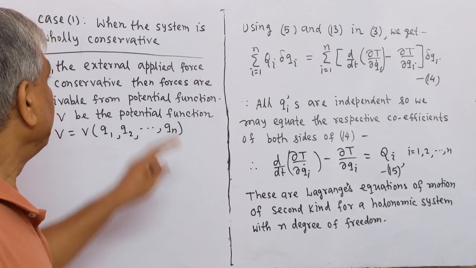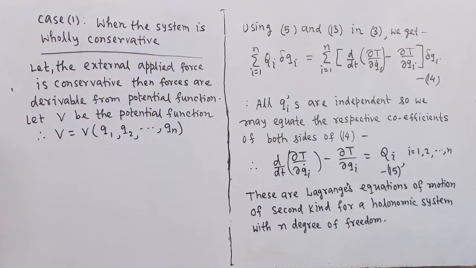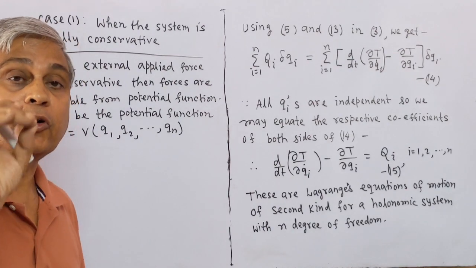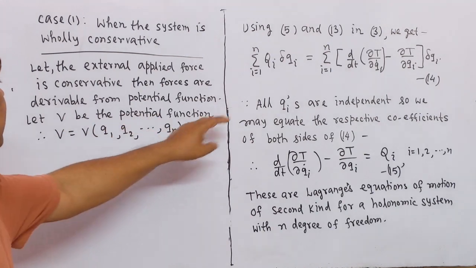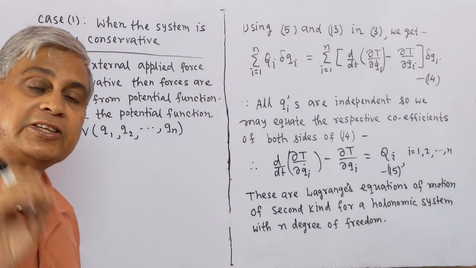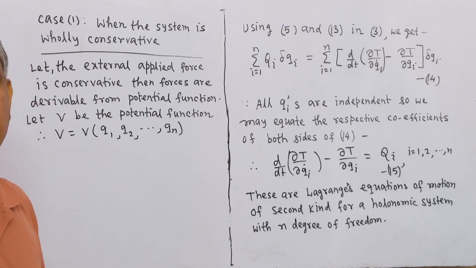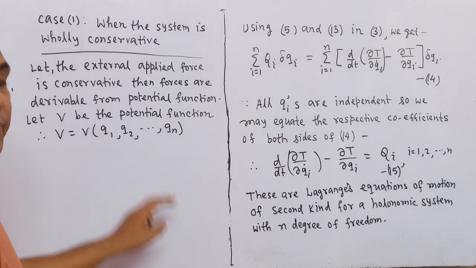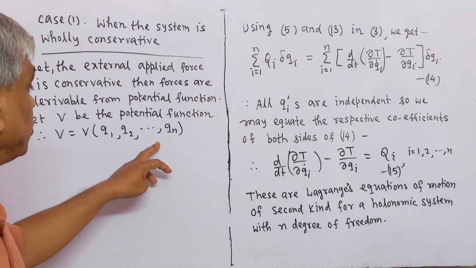Now, case 1. When the system is wholly conservative, let the external applied force be conservative, then forces are derivable from the potential function. Let V be the potential function, and the potential function is a function of position coordinates, meaning here it is a function of generalized coordinates q1, q2, ..., qn.